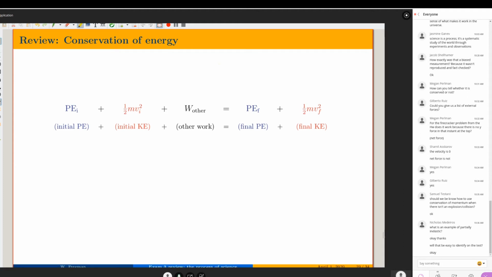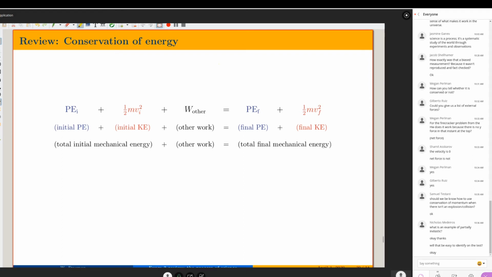These terms that I've written down, it's very helpful to do this, I find. It's very helpful with these problems to write down in words what all of your algebra means. And we noticed that if you take potential energy and kinetic energy and add them up, so if you think of potential energy not just as a trick to calculate work, but as a kind of energy in its own right, you get this relation.